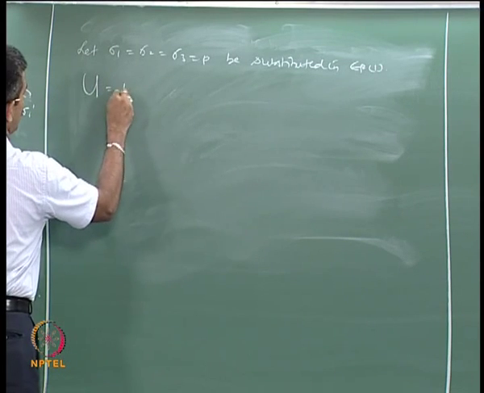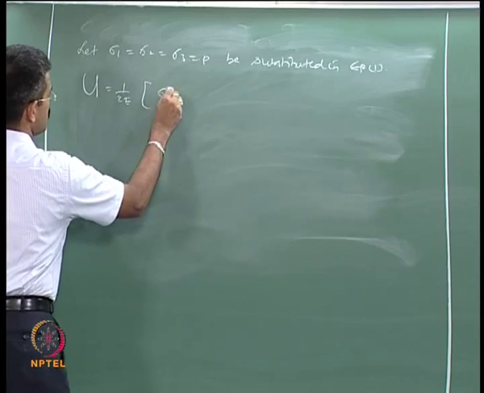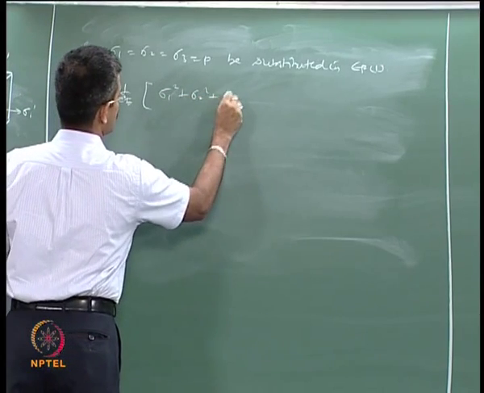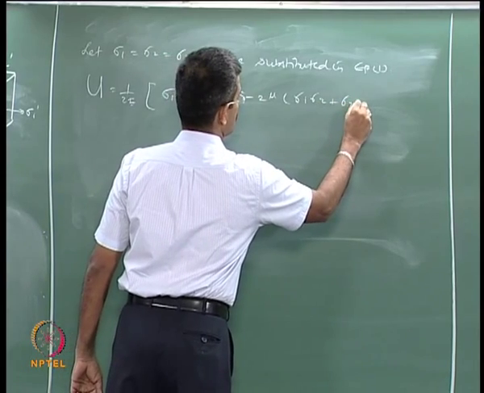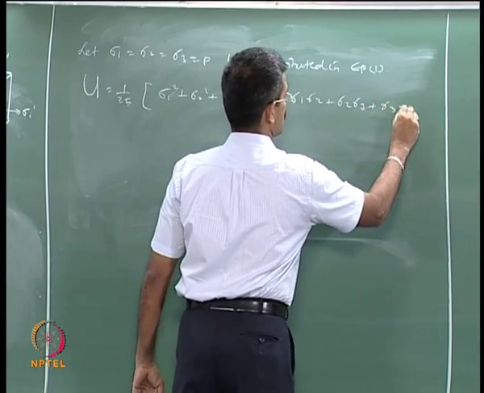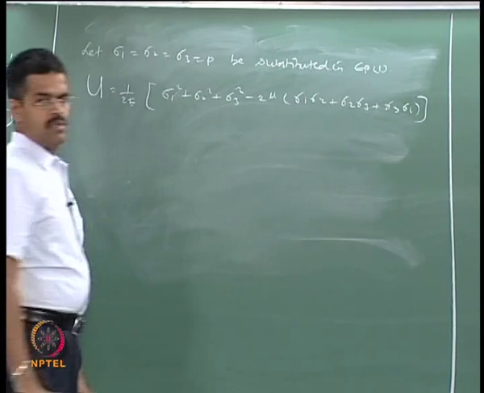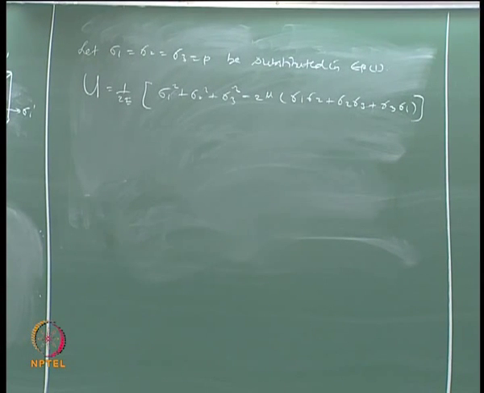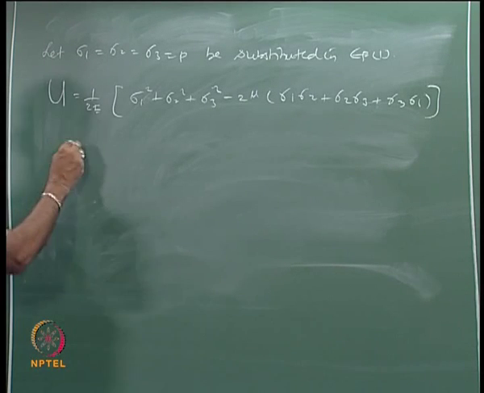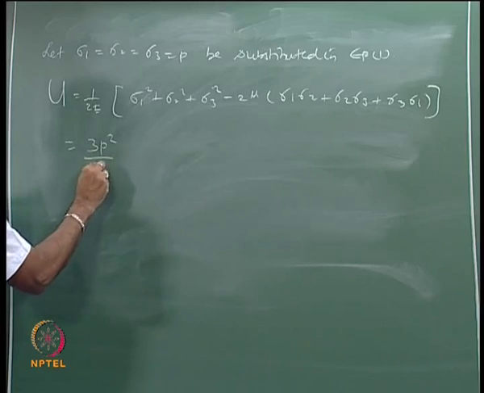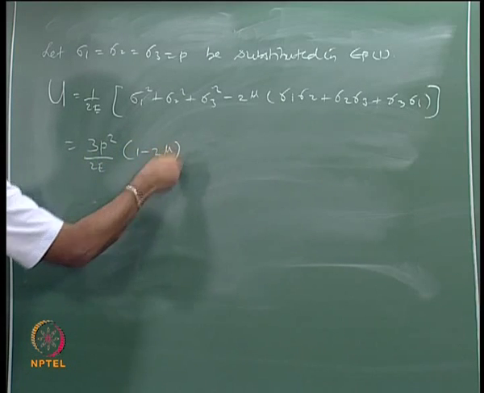U is given by 1 by 2E of sigma 1 square, sigma 2 square, sigma 3 square minus 2 mu of sigma 1 sigma 2... Is this the equation 1? So substituting this, I may get 3P square by 2E of 1 minus 2 mu. Is that okay?